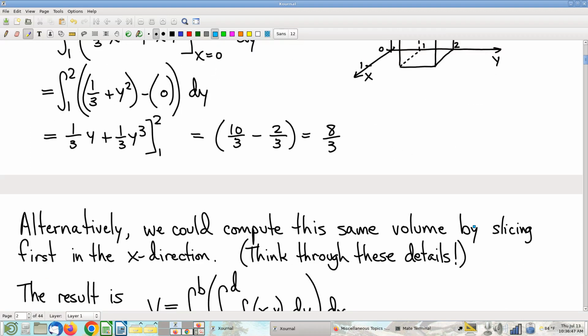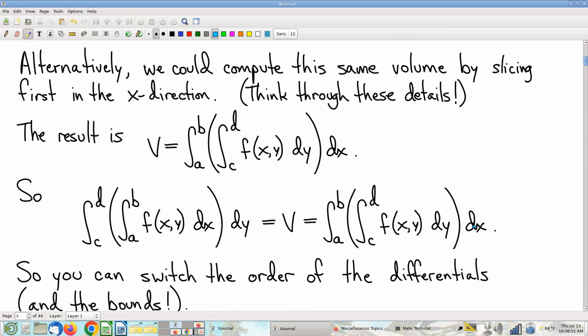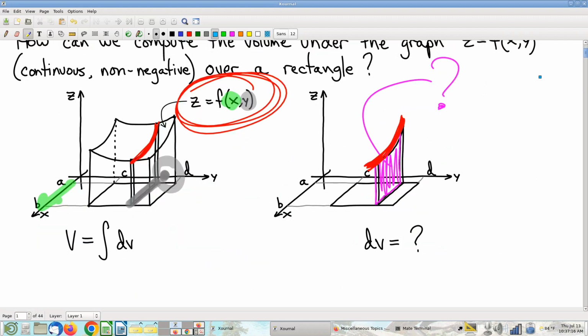All right. Moving along. So to your question, what happens if I switch the order of the differentials? What would it mean to switch the order of the differentials? How would I justify thinking about switching the order of the differentials? The answer is that you can think of this as a computation of the exact same volume just by slicing in the other order. So let me go back to the picture up here. Here we go.